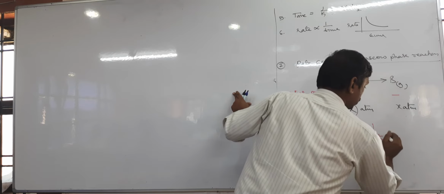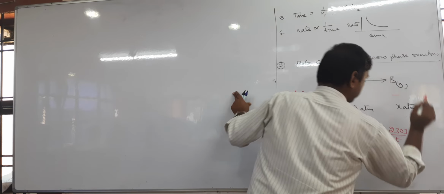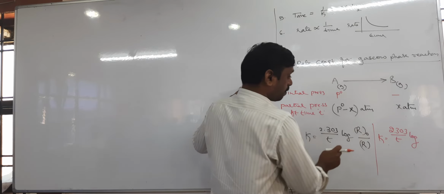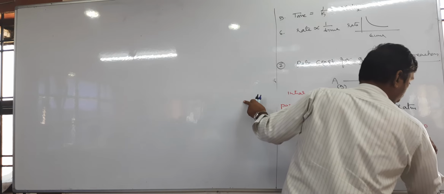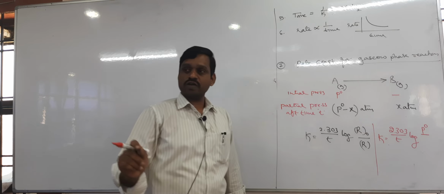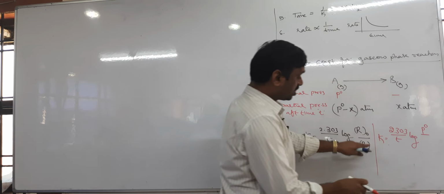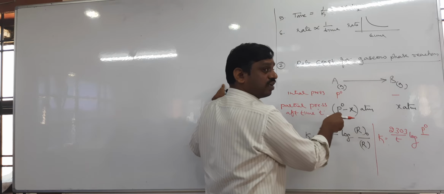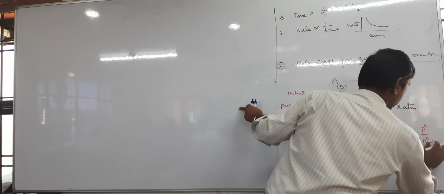K equals 2.303 by t log R naught by R. R naught is P naught, the initial pressure, divided by R, where R is the concentration of reactant after time t. Here in place of R you can write P naught minus X, because that is the partial pressure of the reactant after time t.